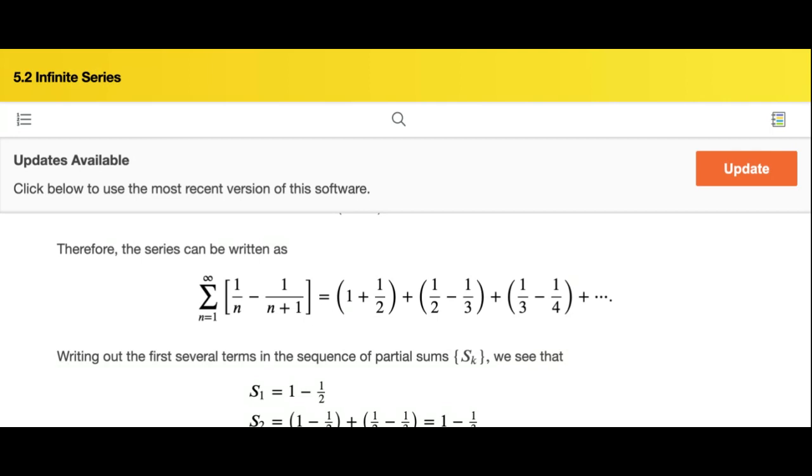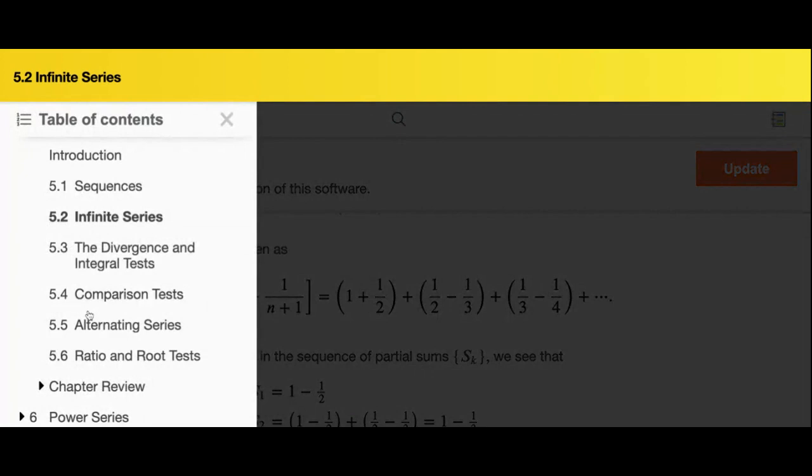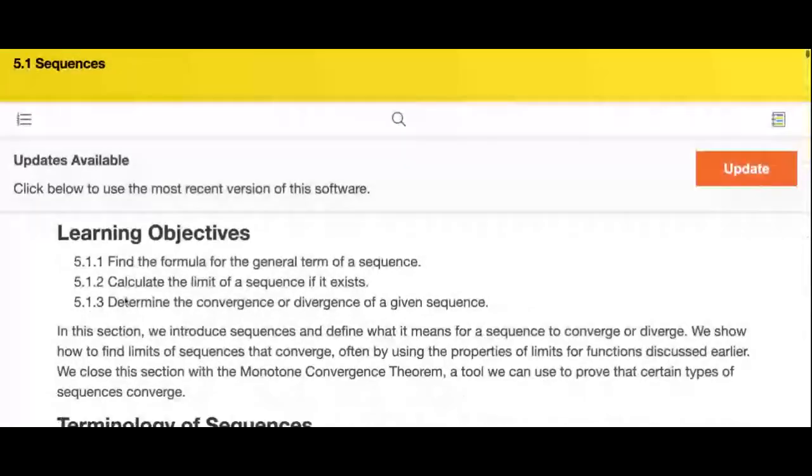Number 5, okay, sure. Number 5, section 5.1. Yeah, let's do that. Point 1.